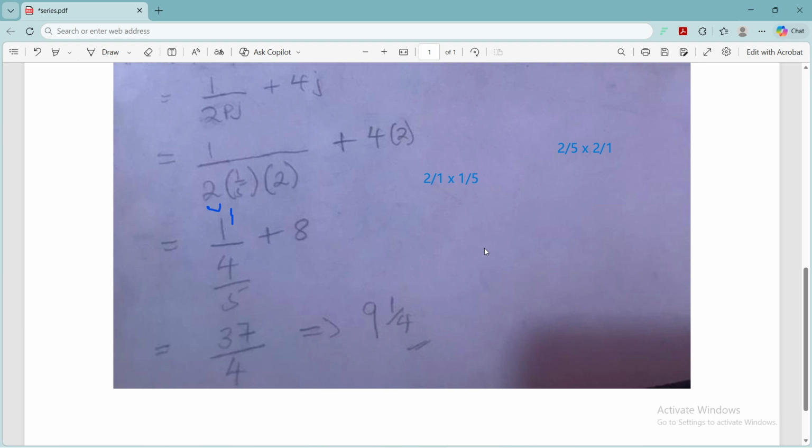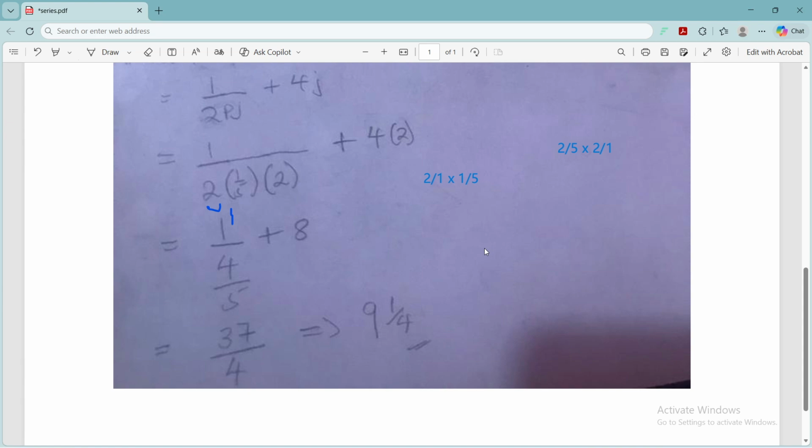When you change the sign, you are going to have the inverse form, right? So 5 would become 1 over 5, because 5 is divisible by 1. So when you change the sign, it turns upside down inversely for it to become 1 over 5, plus 8. The numerators would multiply each other, so 1 multiplying 1 will give us 1. Then 4 multiplying 5 will give us 9. So 1 over 9 plus 8, right?